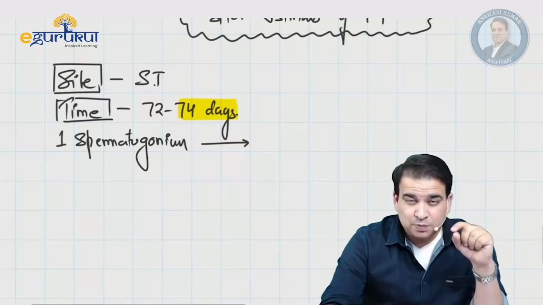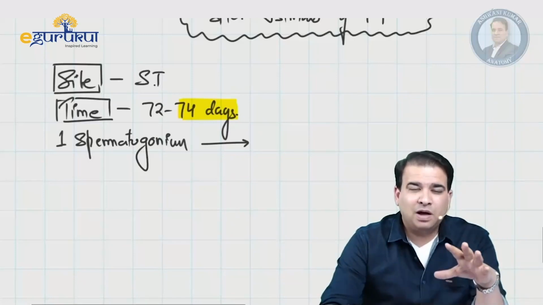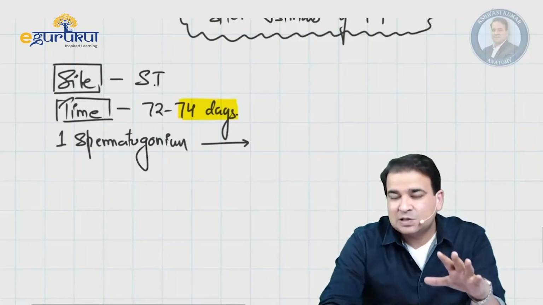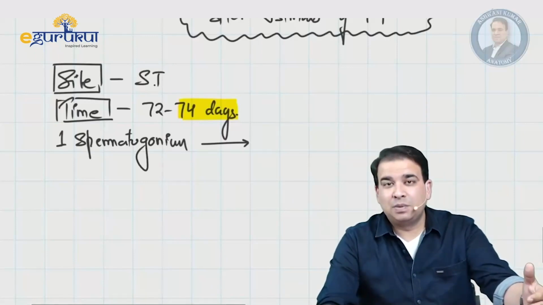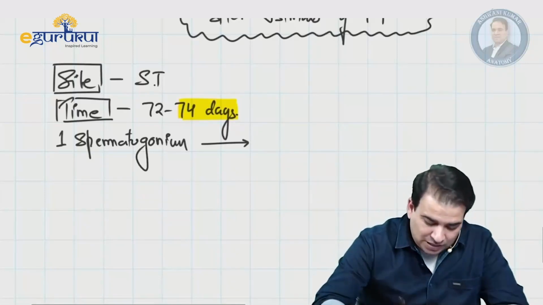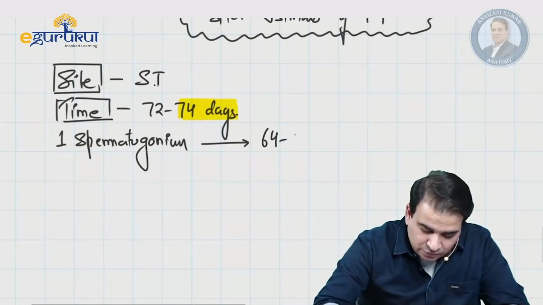But the question is about spermatogonium. If you just go back and look at the cycle, we said the spermatogonium will undergo 5 to 7 cycles of mitotic division, and then this spermatogenesis will begin. So therefore, the answer is definitely not 4. The answer is 64 to 512.